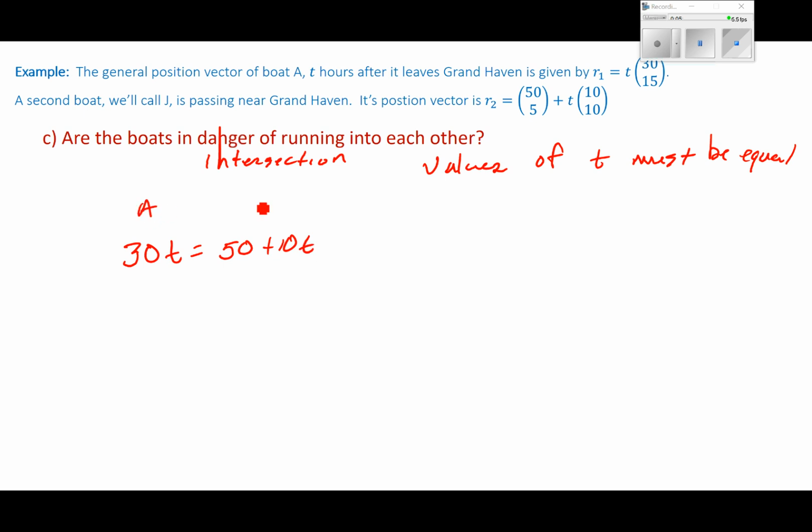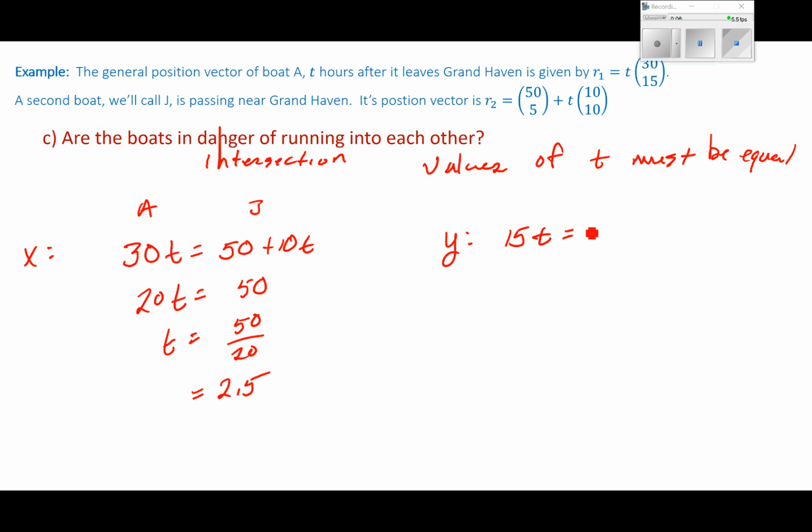Again, this was boat A, this was boat J. If I subtract, this ends up being 20t equals 50, so t is 50 divided by 20, which is 2.5. Now if I compare the y values, so these were the x's, 15t is equal to 5 plus 10t. So 5t equals 5, and then t equals 1. We can see that 2.5 does not equal 1, so they will never intersect.